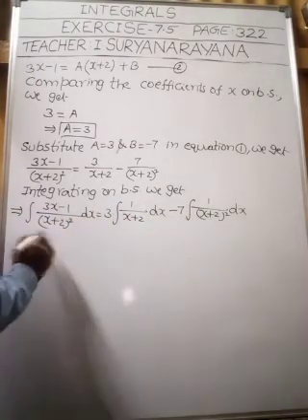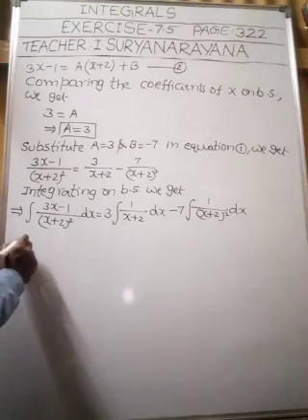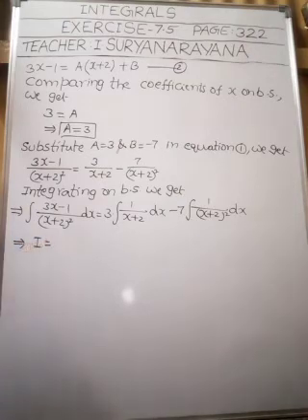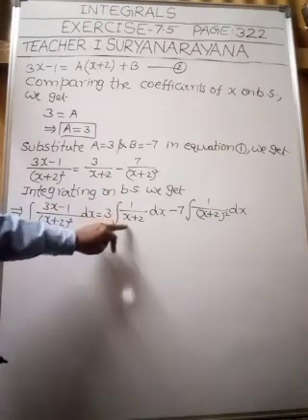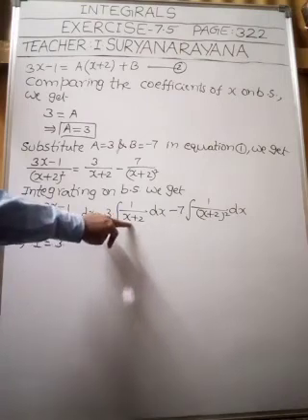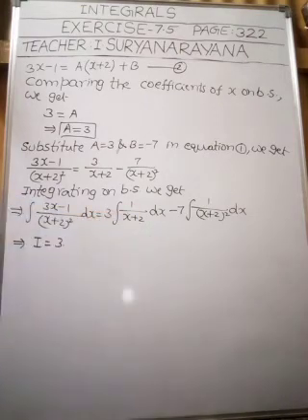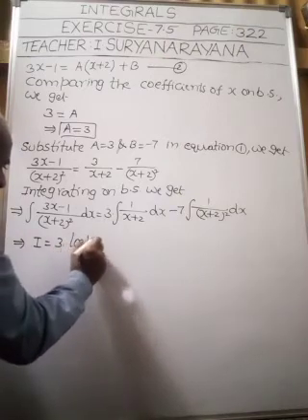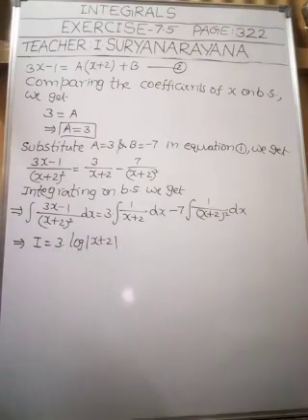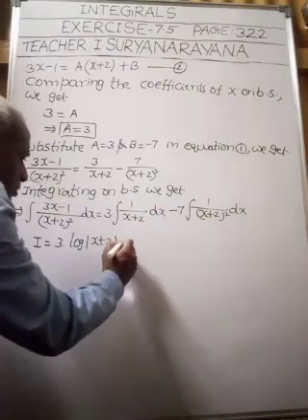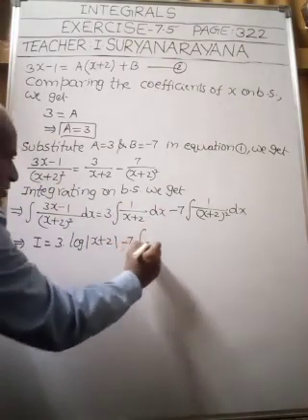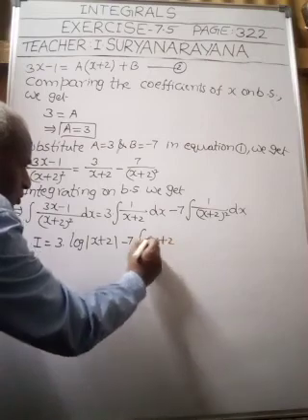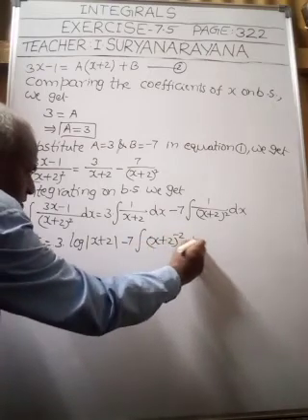Right. This implies I, considered as capital letter I, is equal to 3 into, it is in the form of integral 1 by ax plus b, a linear expression. So log mod (x plus 2) minus, this can be written as the integral of (x plus 2) whole power minus 2 dx.